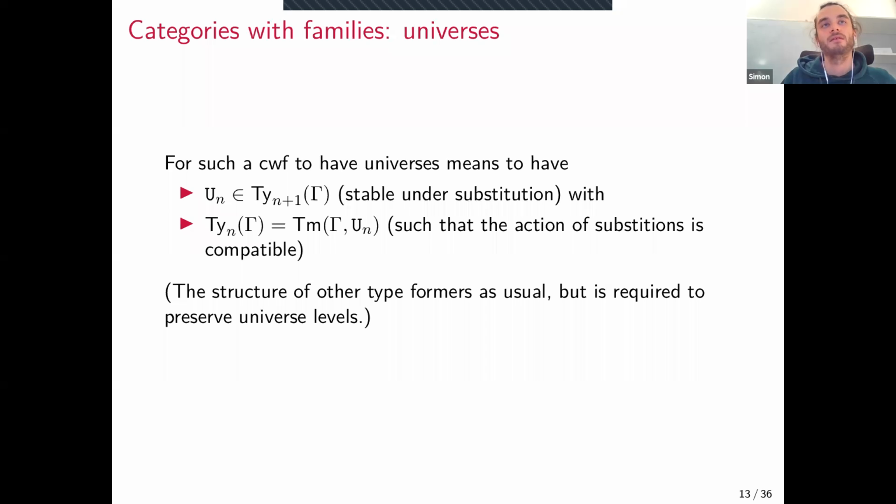And the terms of this U_n are just the types of level n. There's an action of substitution on this side and on the other side, and both of them should correspond. And then the rest of the structure is defined as usual. So you can define on a CWF pi types, sigma types and so on, and what we require is that they preserve the universe level.